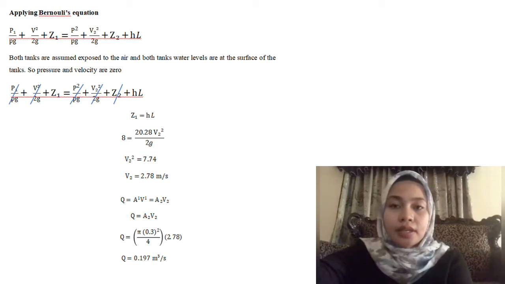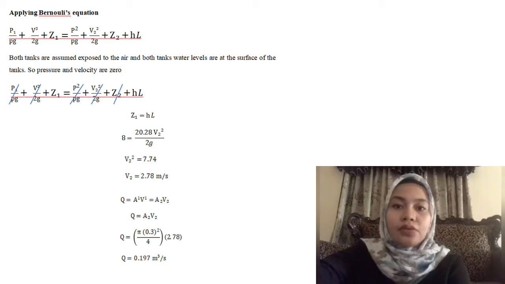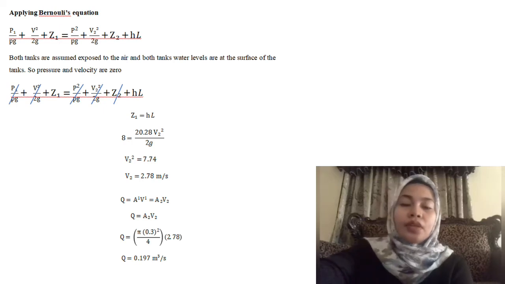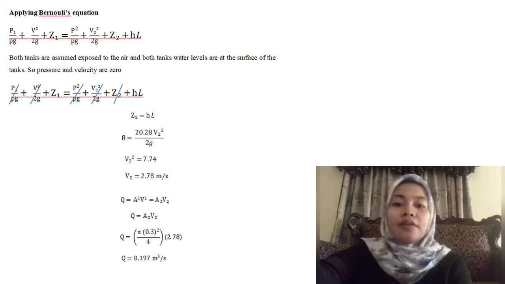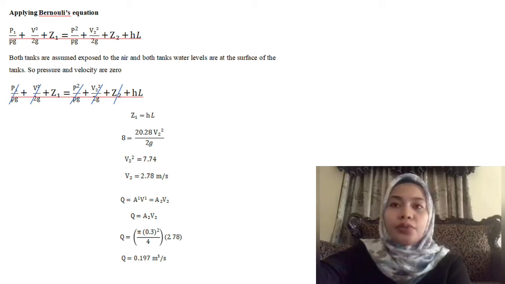Okay, next. Z1 equals HL, so the value of Z1 is 8 and the value of HL is 20.28 V2 squared over 2G. Next, V2 squared equals 7.74 and the answer of V2 is 2.78 meters per second.